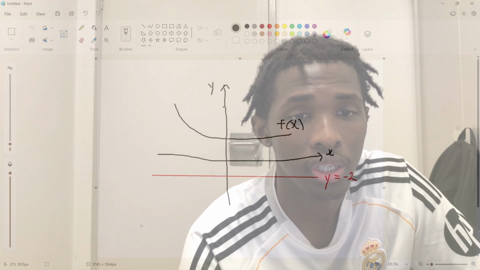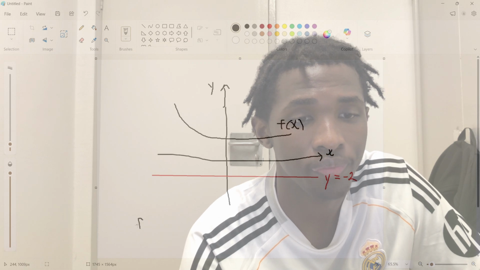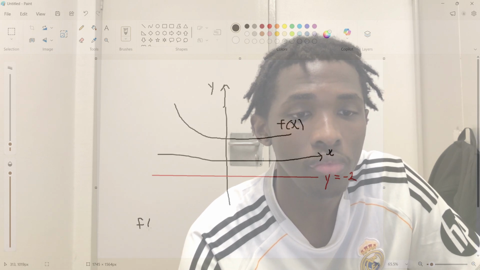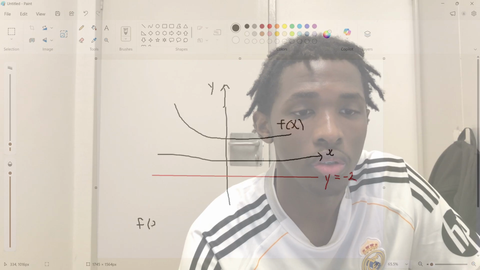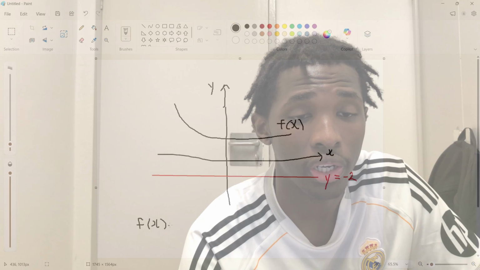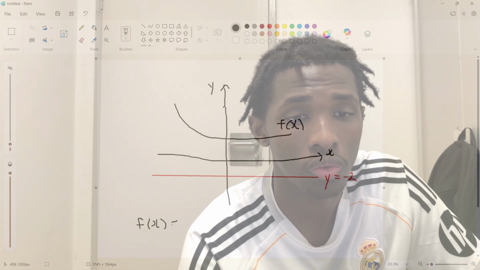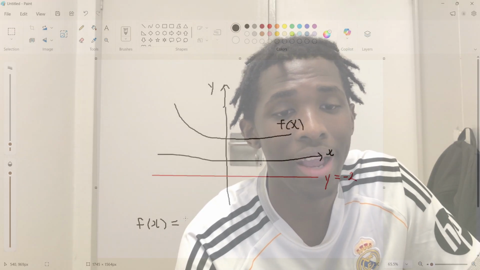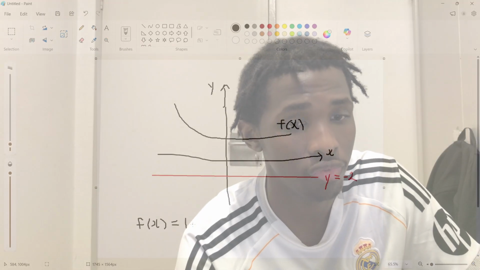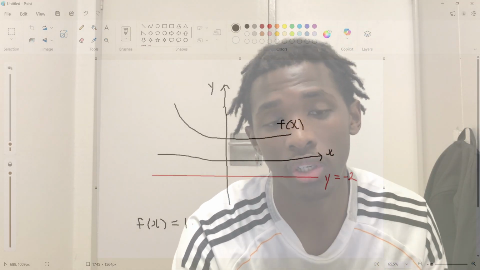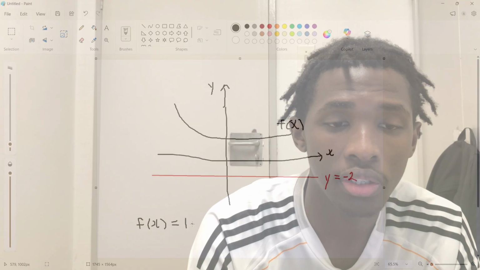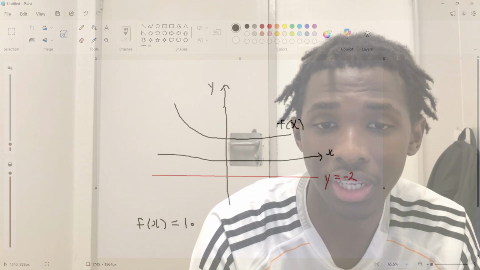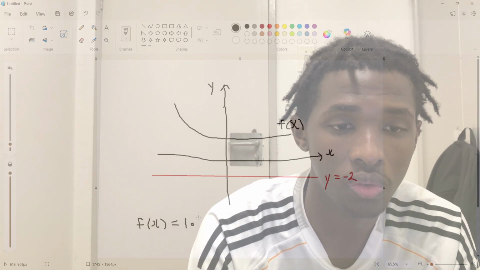So let's say we have f of x is equal to, let's say a is 1, because now we're only looking at the effects of q. Remember this is also q, but you're going to see very soon.